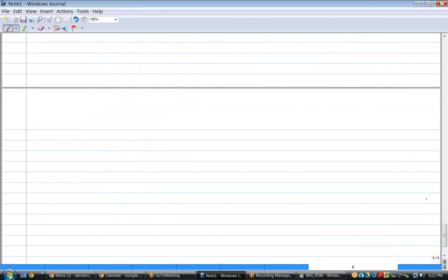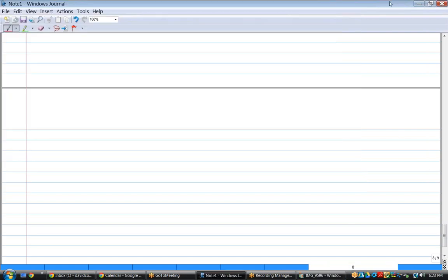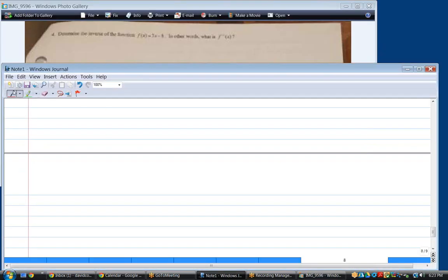Then we're on question number 4. Inverse functions. There are only 2 things you need to remember on how to write an inverse function. First of all, you probably want to write it as y equals a function of x instead of f of x.